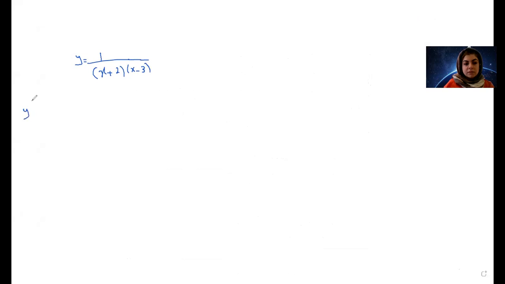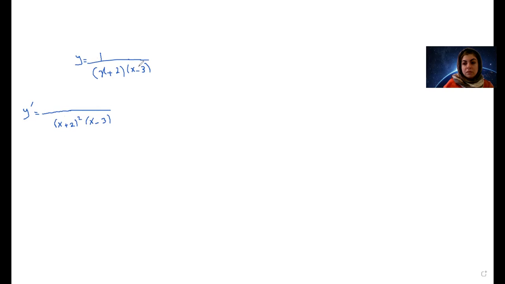take a first derivative. This is the quotient rule I'm going to use. Denominator to the power of 2, (x minus 3) to the power of 2. Derivative of denominator multiplied by numerator without any change. Denominator is this.